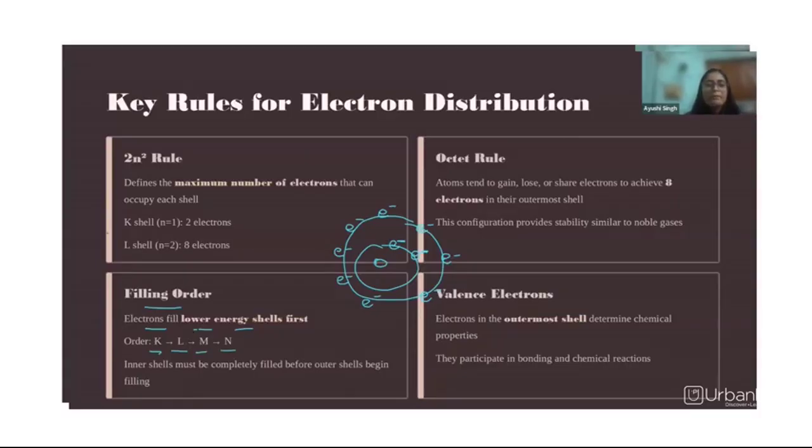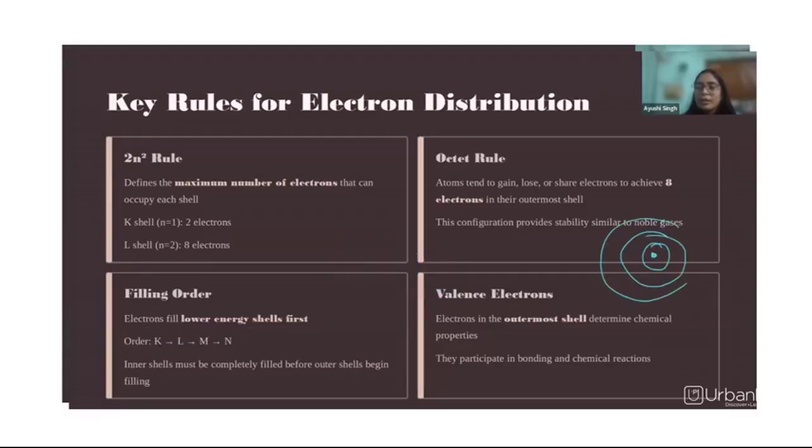And valence electrons: the electrons present in the outermost shell, suppose here, are our valence electrons. Those electrons will either be lost, or the shell will gain electrons, or sharing of electrons will be done to make chemical bonds or for chemical reactions to happen. Basically, for that we have these outermost shell electrons, which are called valence electrons.